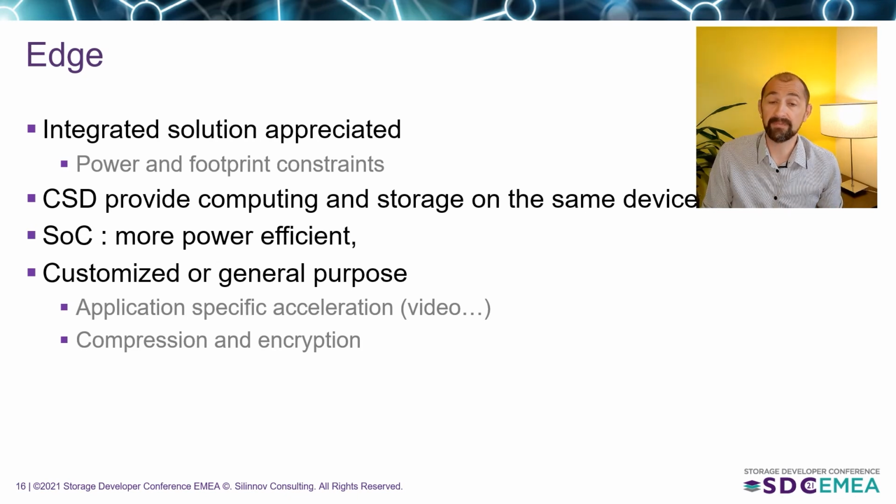For example, the M.2 is available with the Newport platform ASIC from NGD. Regarding the application, I think that at the edge we will have very application-specific computational storage services, like video or AI inference, but also some storage services like encryption or compression in order to reduce the data footprint and to protect it.